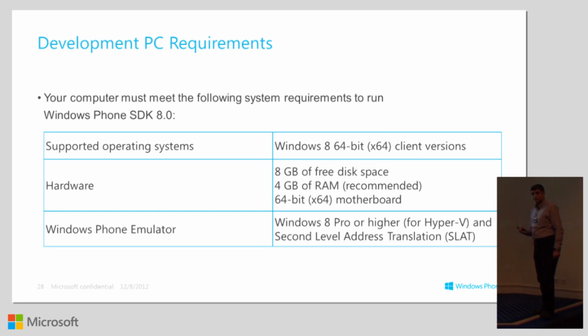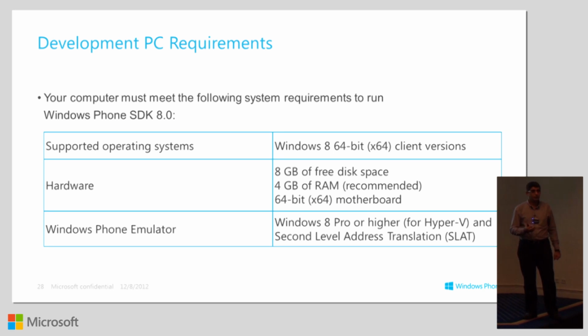So what does it take to start building Windows Phone 8 applications? Number one is the right hardware. So for building Windows Phone 8 applications, you need Windows 8, right? Because it requires the same WinRT. Then you need to have the right hardware. So the recommendation is at least 4 GB of RAM.